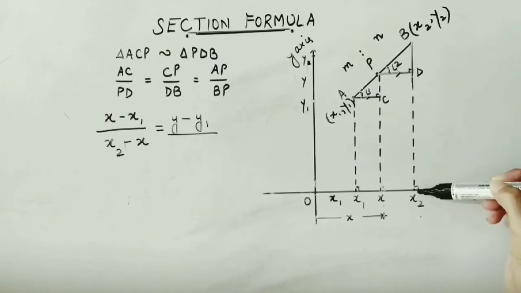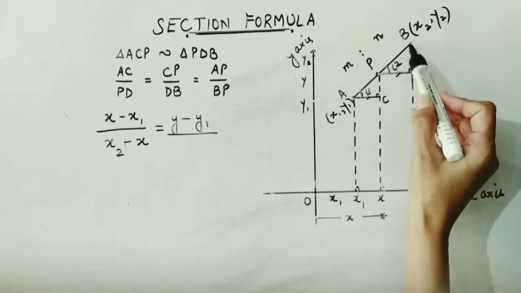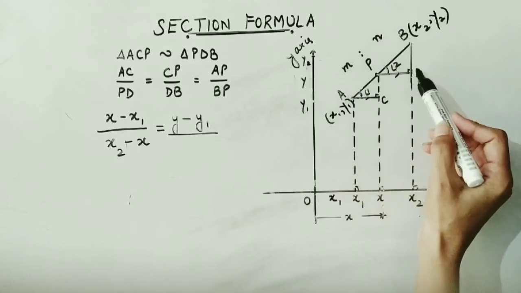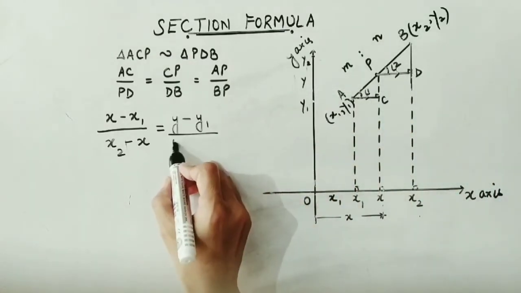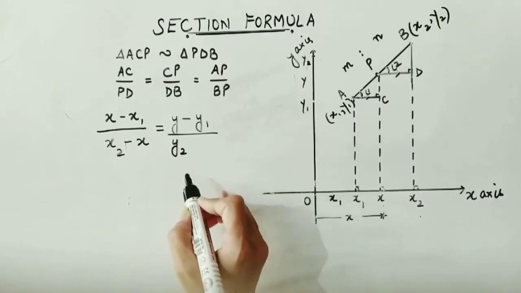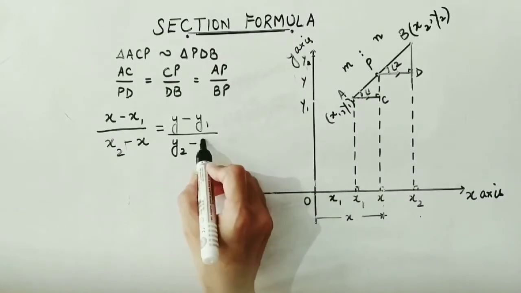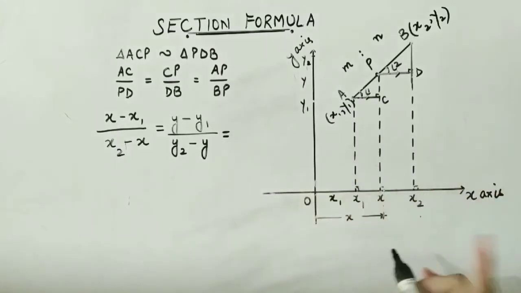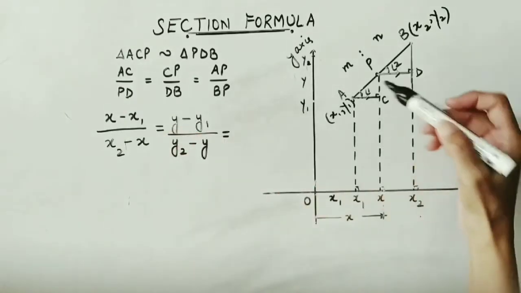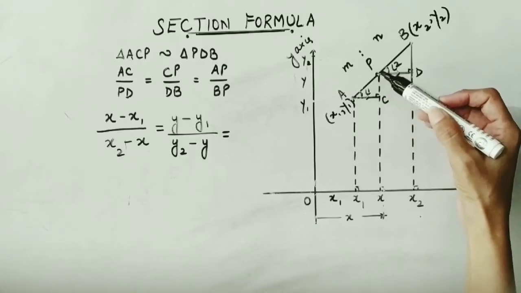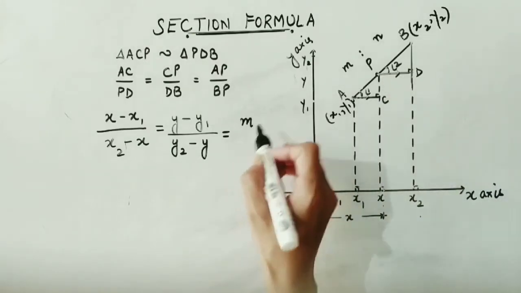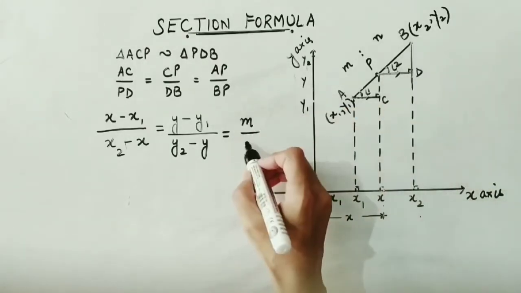Total, which is y2. You can check from here, y2 minus D's location on y-axis is y. So this would be y2 minus y. And it is finally equal. These two ratios are equal to what? It is AP upon BP. What was AP? AP is a ratio. Which ratio? It's m upon BP, which is n.